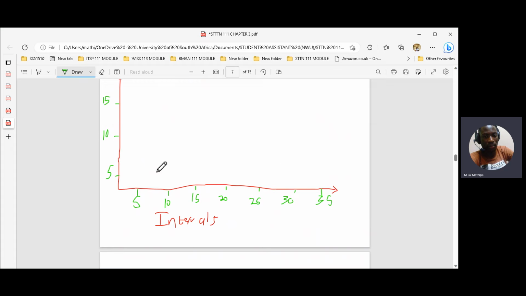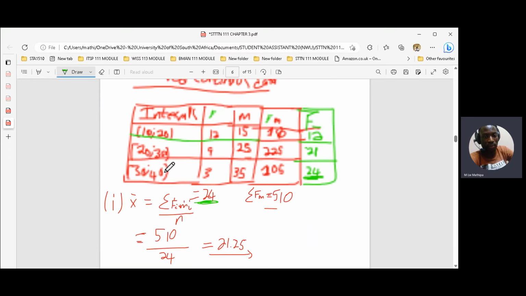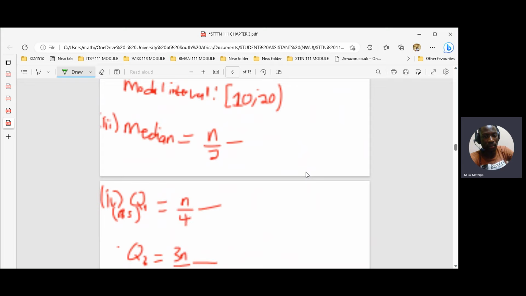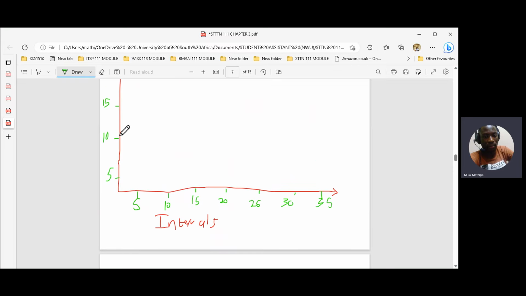Then we check. We have 12 and 15, which is somewhere here. The 10, then 11, 12, 13, 14. So 11, 12, it's somewhere here.